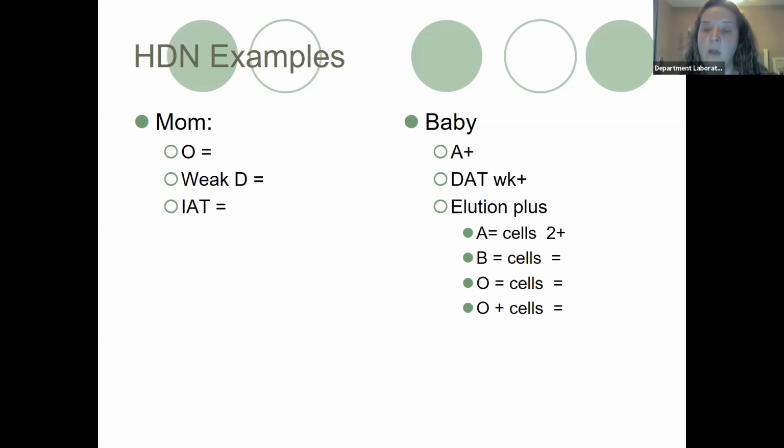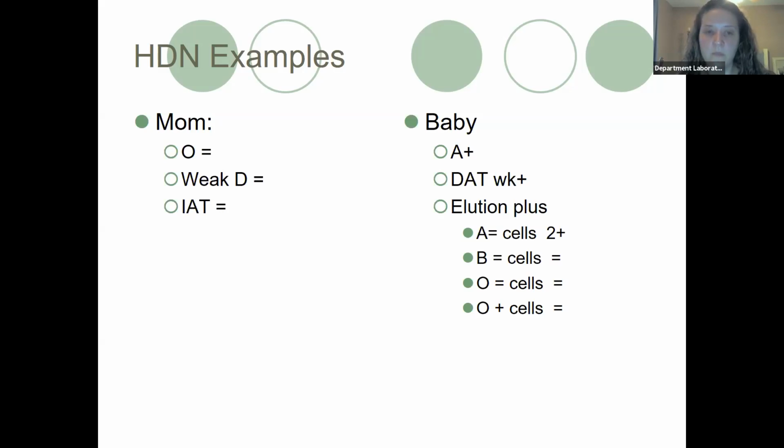And then you always want to look at baby's DAT. Hemolytic disease of the newborn is only present when your DAT is positive. So if baby's DAT is positive, then we have to figure out what is coating baby's cells, causing cell destruction, causing the anemia present in the baby.